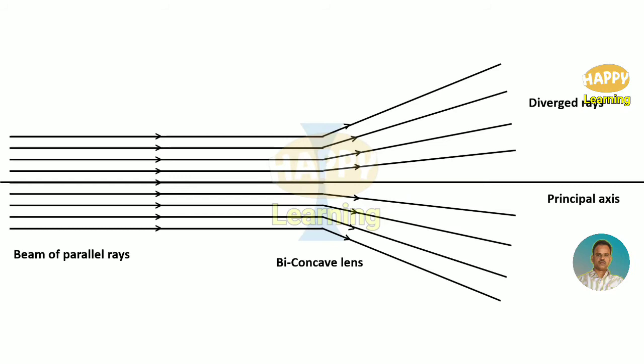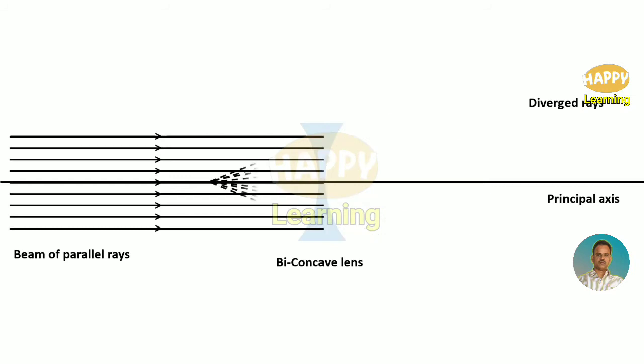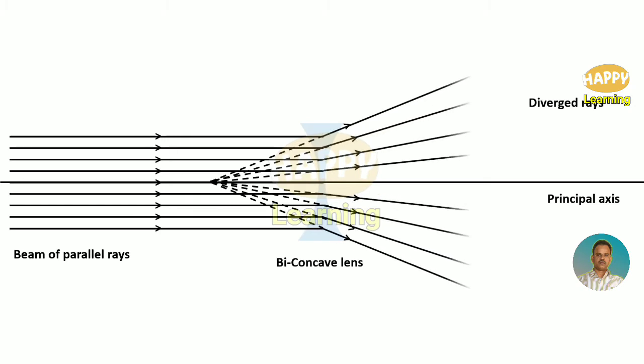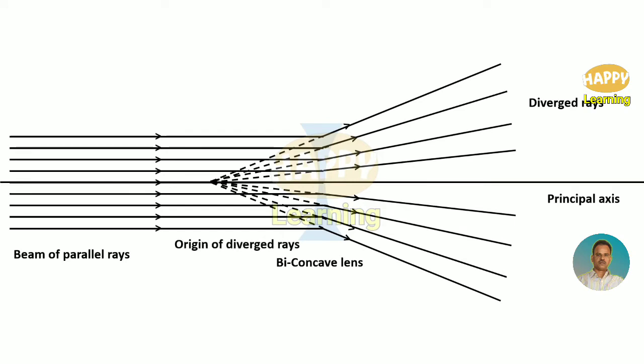There is no chance of meeting. But if you carefully observe, these diverged rays appear to be coming from a point. This is the origin of diverged rays, and this point from which the rays appear to be coming is called focus and is represented by the letter F.